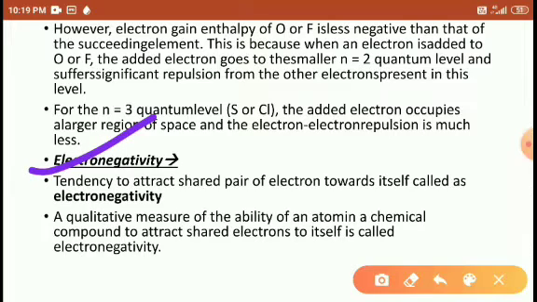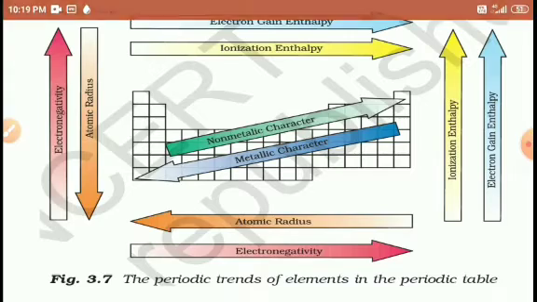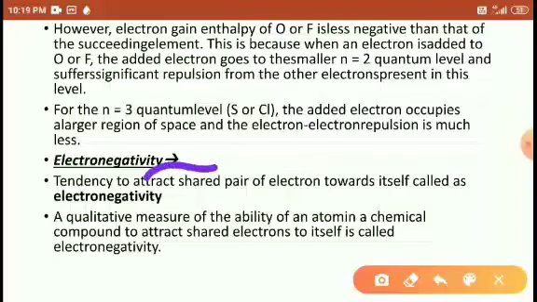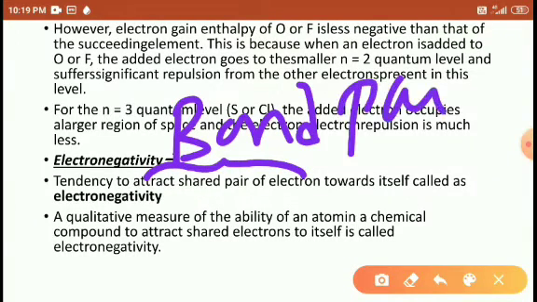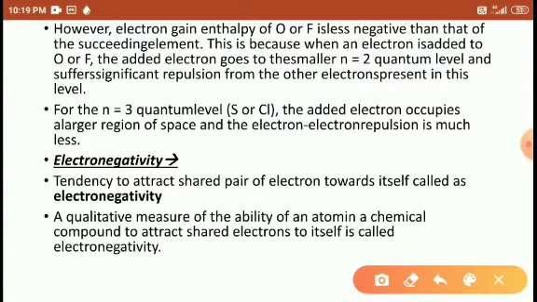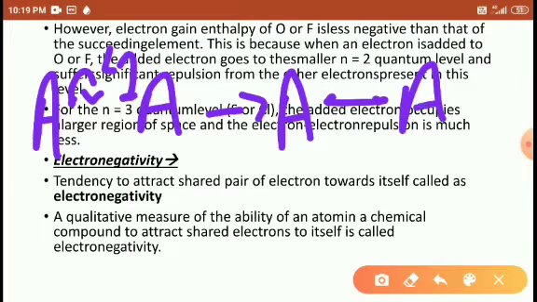So shared pair means, students, the shared pair present in the bond pair. The shared pair is also called a bond pair, right? Bond pair. So for example, atom A and atom A both have one electron, and both are shared to form a bond here, right?